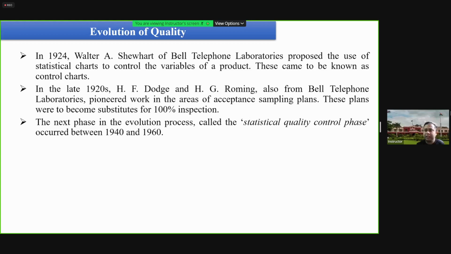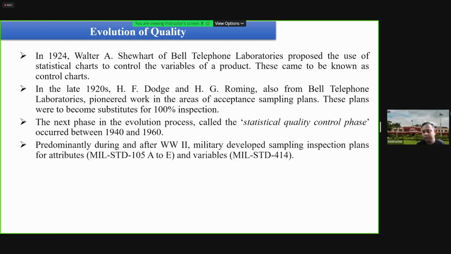Many things in operations, like project management techniques, were also developed during that time. So they also parallelly developed their military standards sampling plan for sampling inspection at that time.